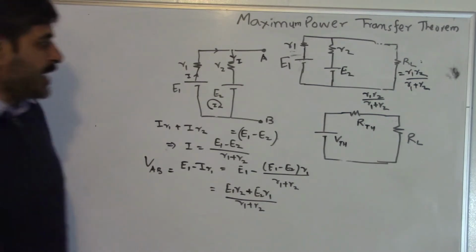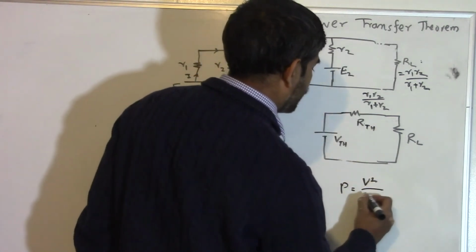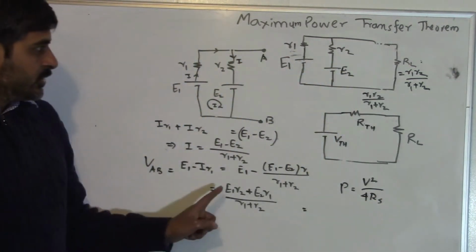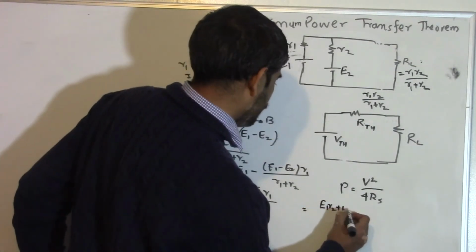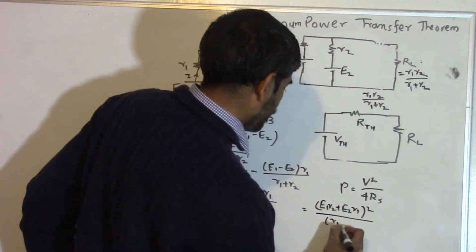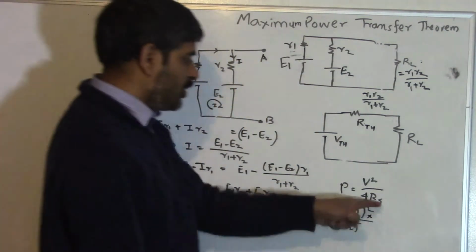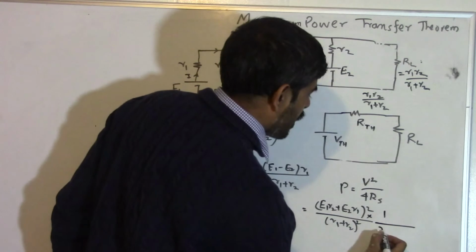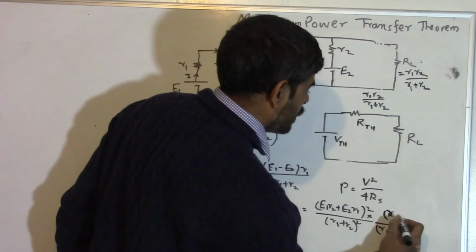And we know that the maximum power transfer P is, as we did earlier, V squared divided by 4RS. In our case, it becomes this whole square, E1 R2 plus E2 R1 whole squared divided by R1 plus R2 whole squared, divided by RS. And in our case, the source resistance was R1 R2 divided by R1 plus R2.